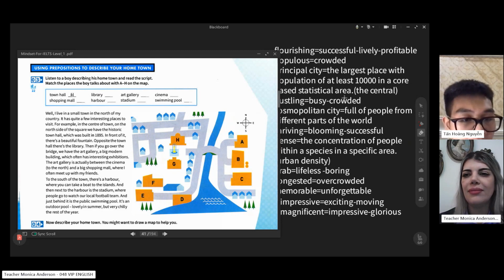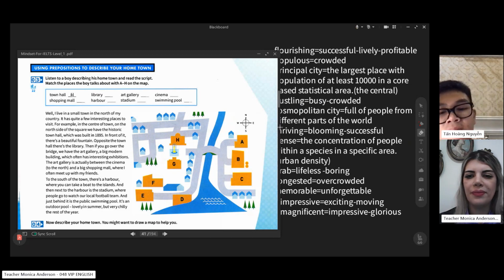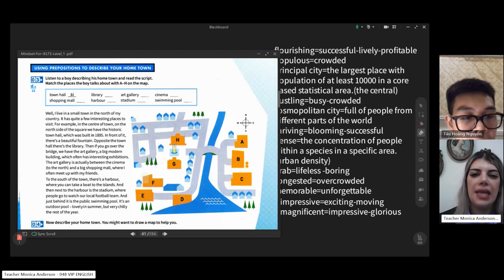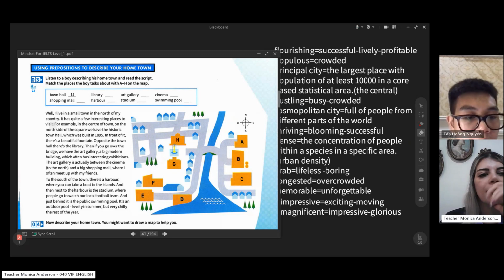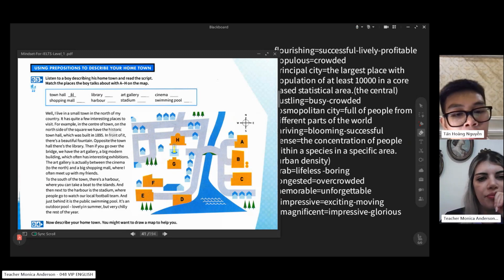Art gallery. I think the art gallery is B, because it says that when you go over the bridge, then it's the art gallery.